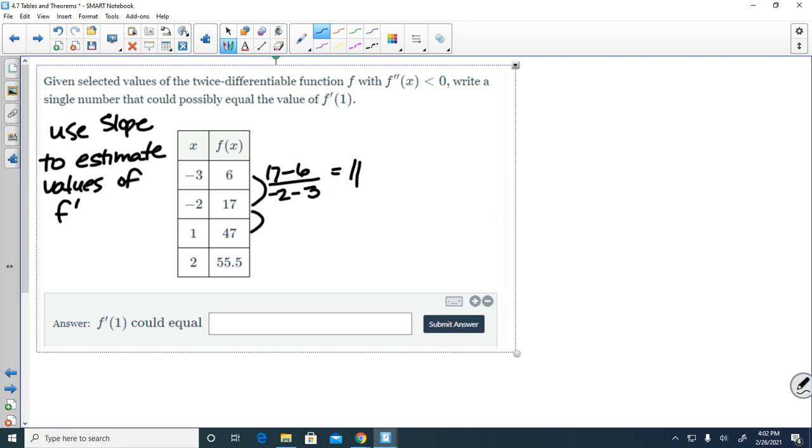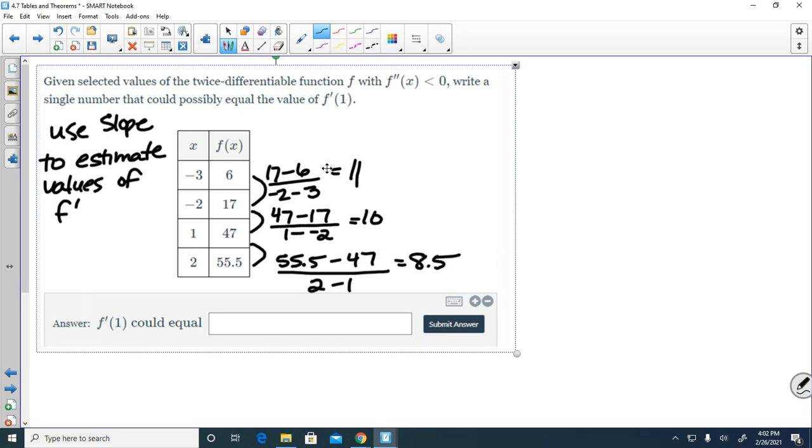And then from here to here, 47 minus 17 over 1 minus negative 2. I get 10. And then for the last interval, 55.5 minus 47 over 2 minus 1. 8.5.